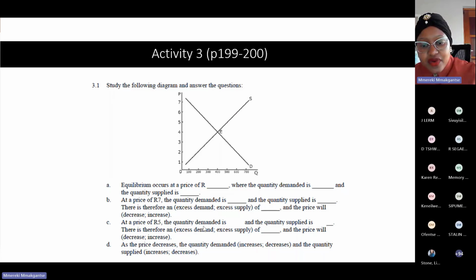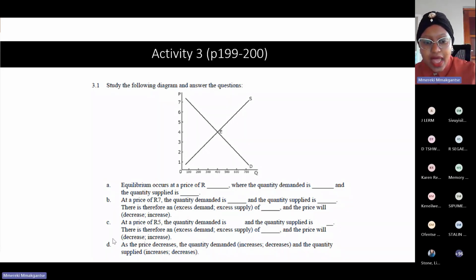At the price of 5 Rand, the quantity demanded is 300, correct? And quantity supplied is 600? Or 500? I can't see clearly. At 5 Rand, yes, it is 500, correct. Sorry, my eyesight was failing me there.